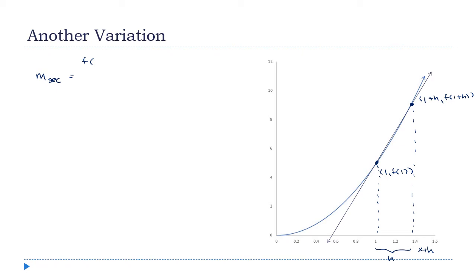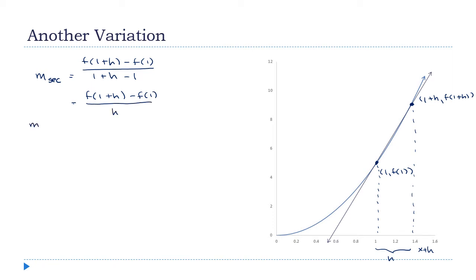So it's going to be f of 1 plus h minus f of 1 over 1 plus h minus 1. And I'm going to clean that denominator up a little bit. This is f of 1 plus h minus f of 1 over h.